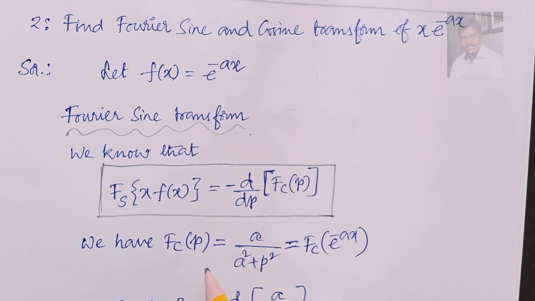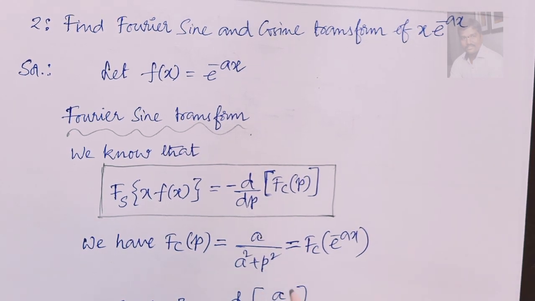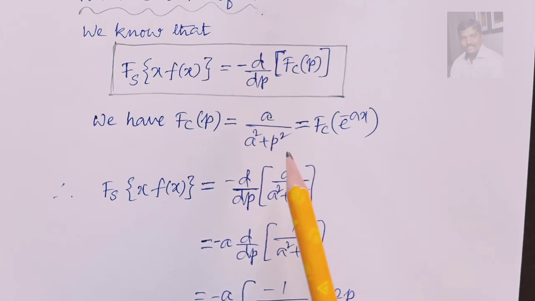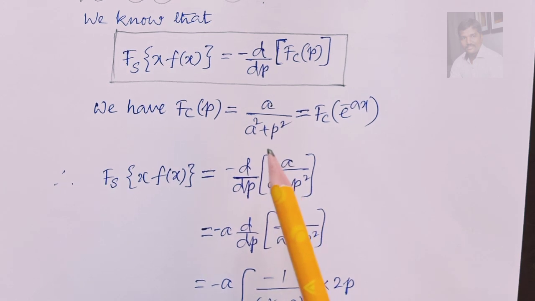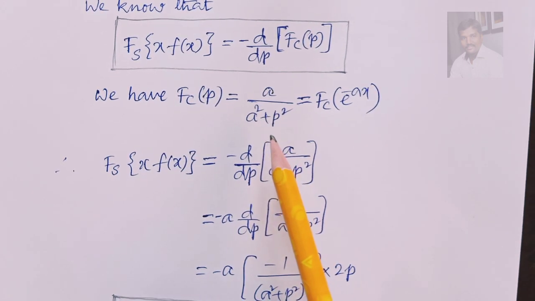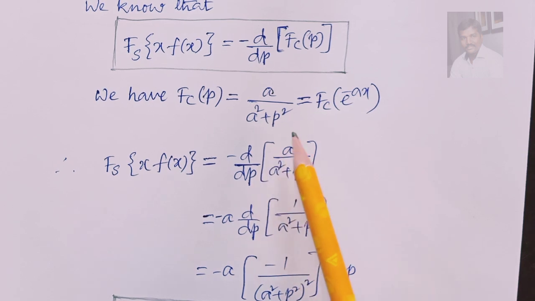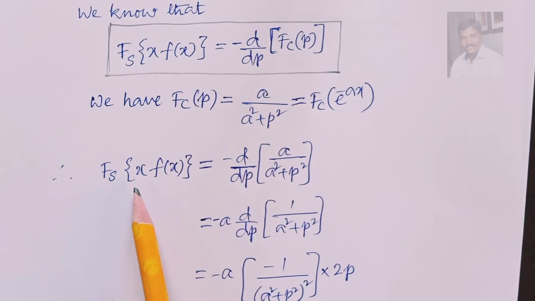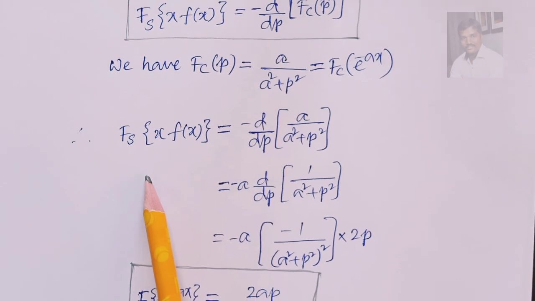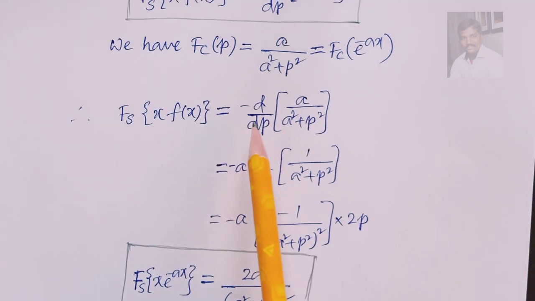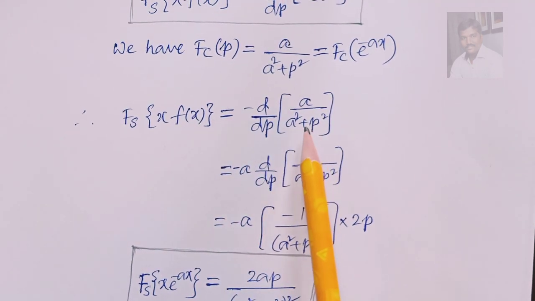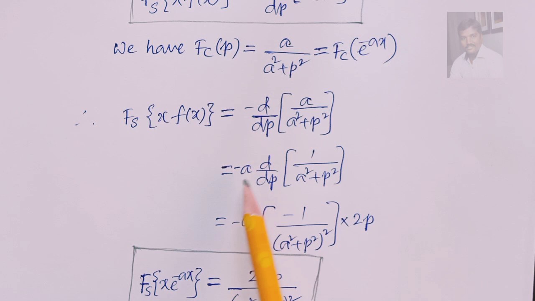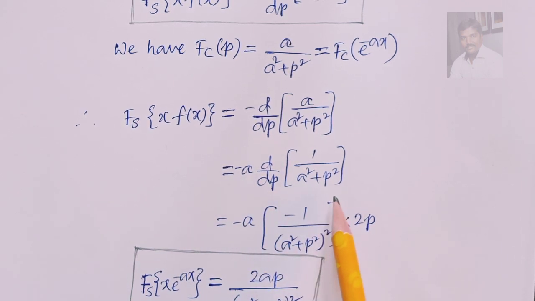Now we have fc of p is equal to a by a square plus p square. This is what we already did in the previous problem. Now we use that. Therefore, Fourier sine transform of x into e power minus x is equal to minus d by dp of a by a square plus p square. You can take that a out: minus a into d by dp of 1 by a square plus p square.